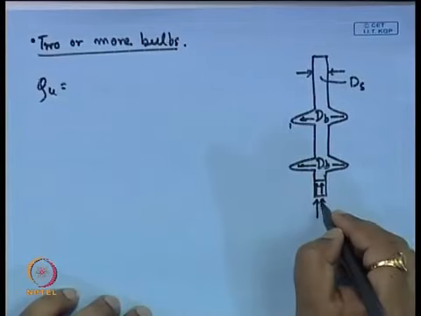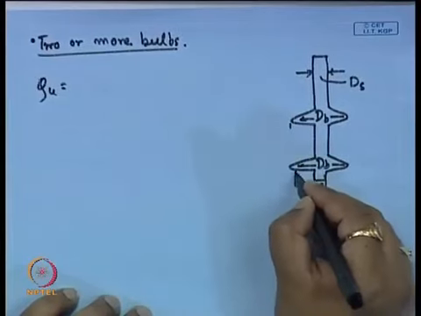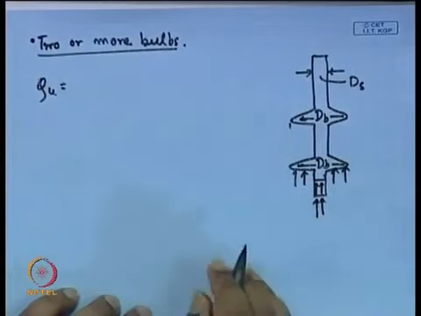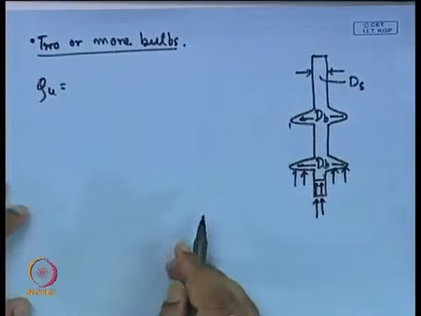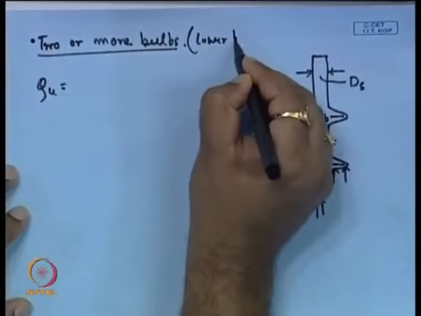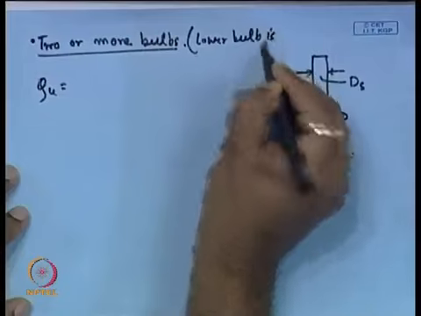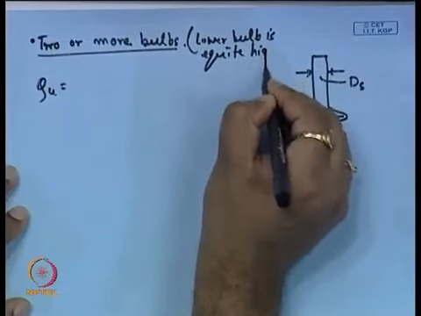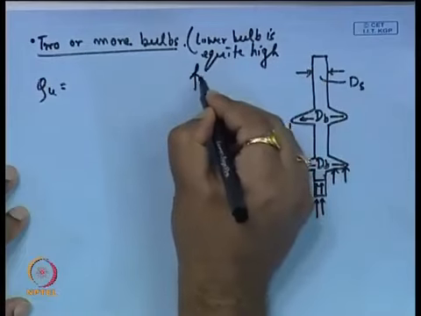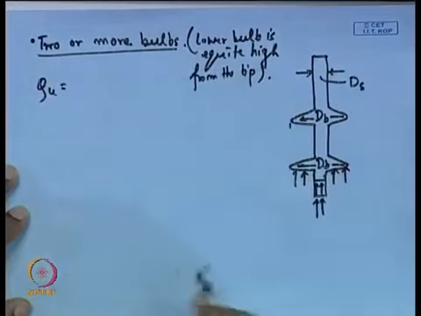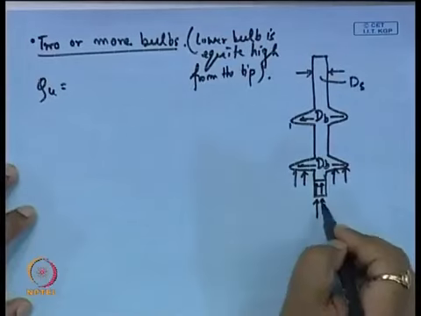So, that means we will get resistance from here, and another resistance we will get from this enlarged portion. So, here also the lower bulb is quite high from the tip of the pile.